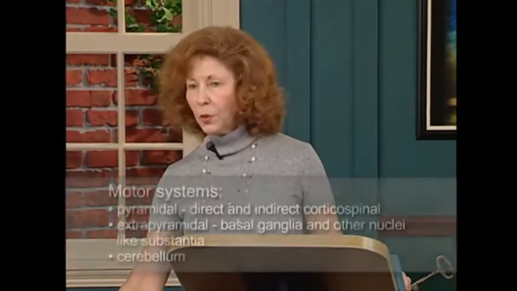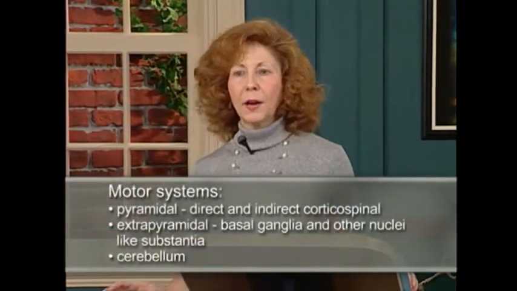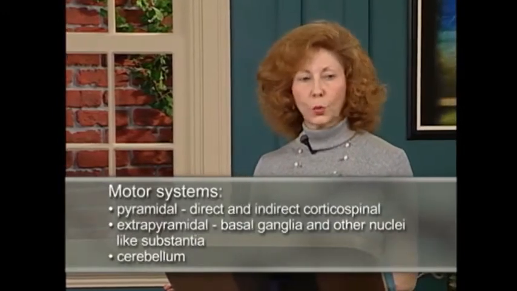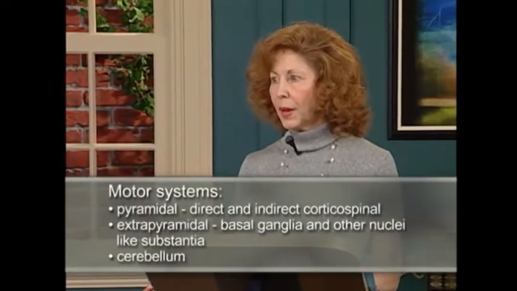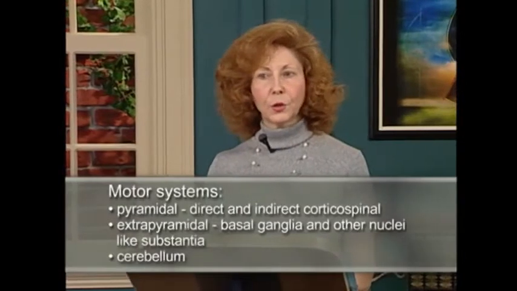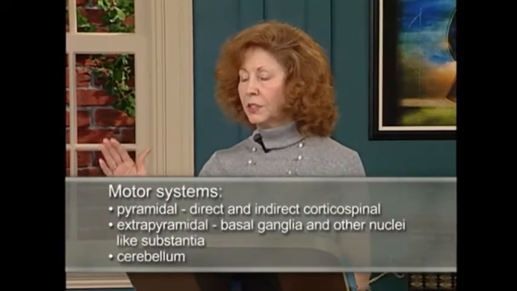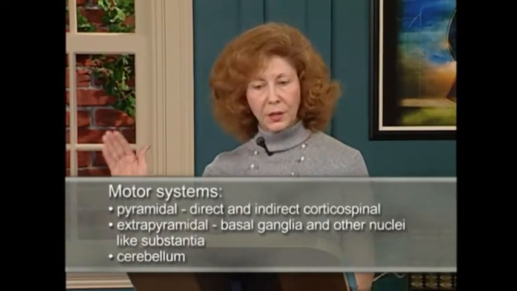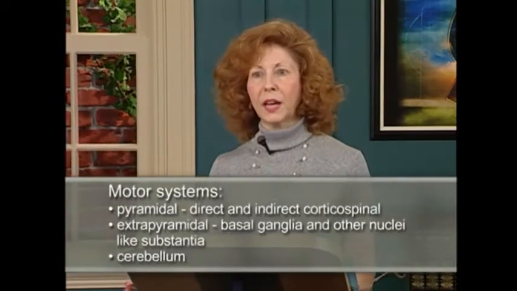So let's review again. The motor system has your pyramidal system, which is the direct and indirect corticospinal pathways. These are the only system that goes to the spinal cord to actually initiate and cause any kind of movement to happen.